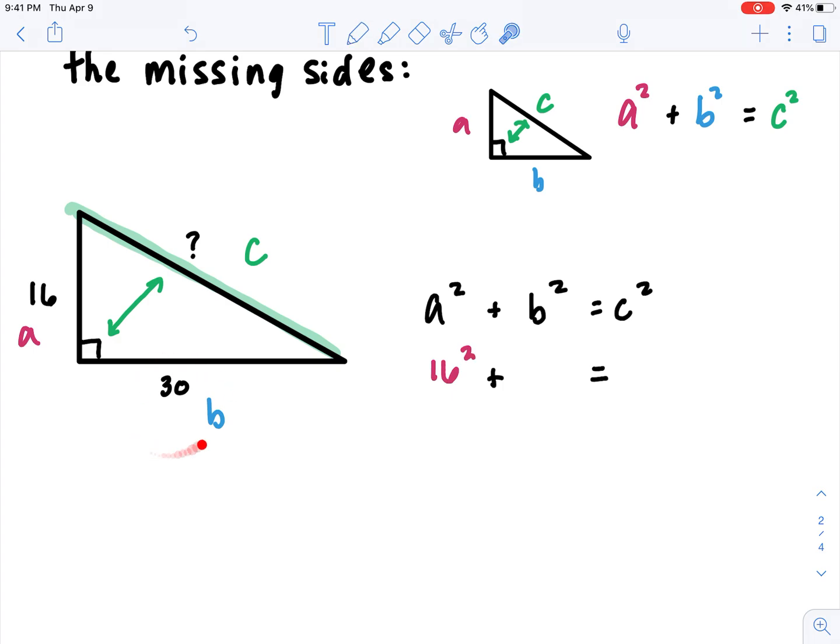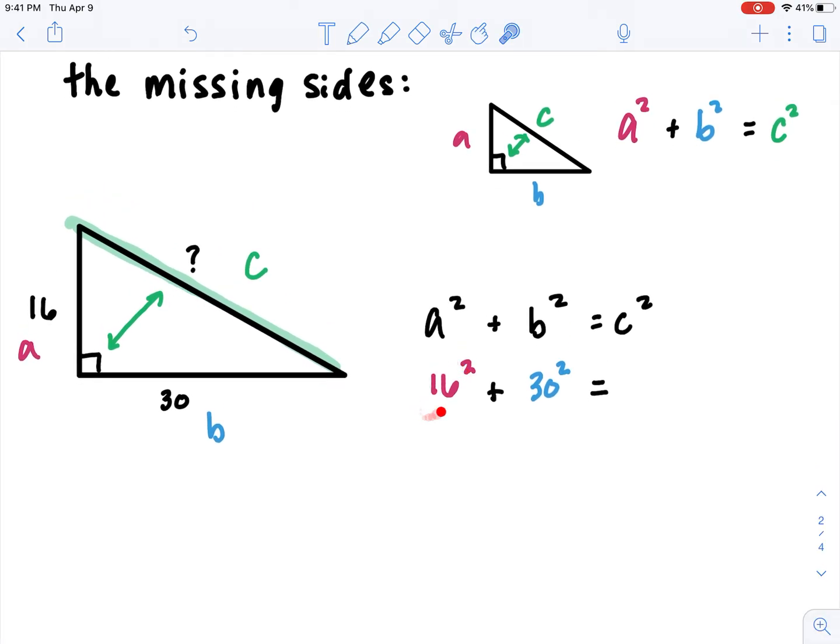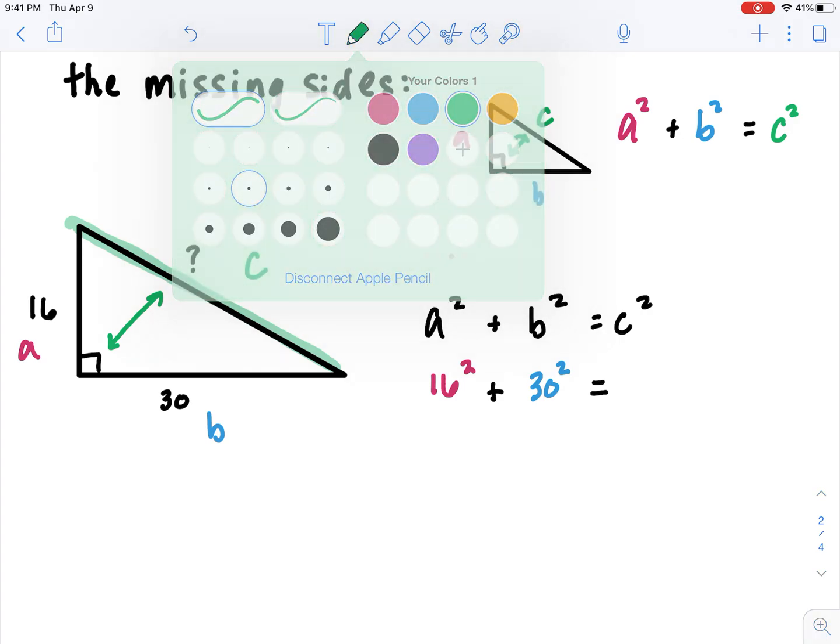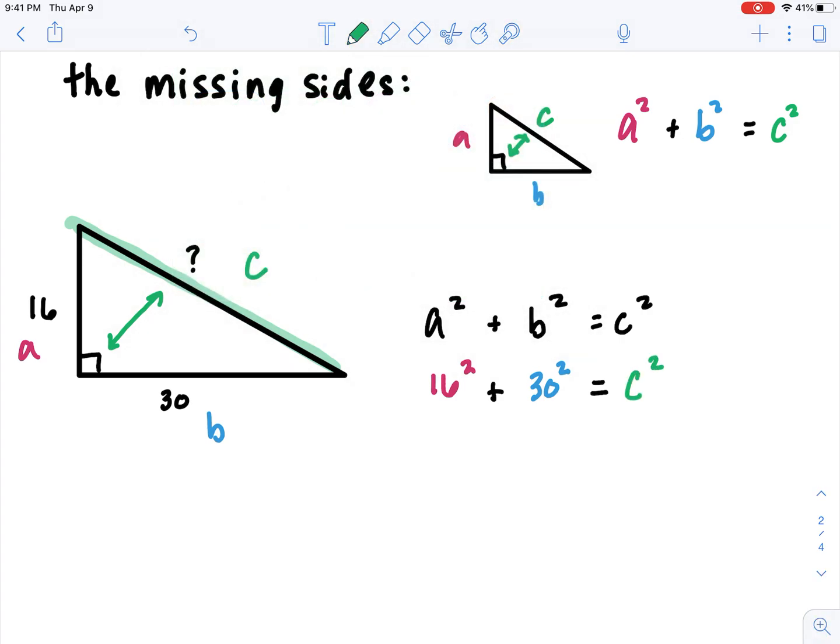I also know that B is 30, so where I see B, I can put 30. So I have A squared plus B squared. I don't know what C is. C is my missing side. So I'm just going to leave that as C, and that's what we're going to try to solve for.